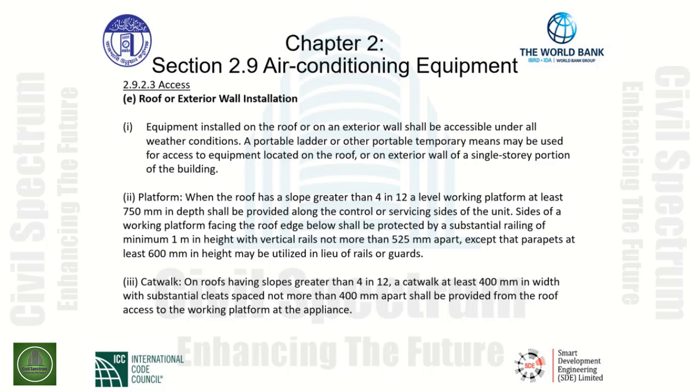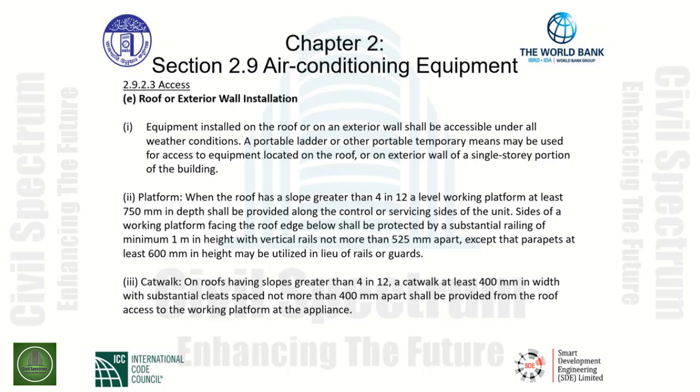Item E2, platform. When the roof has a slope greater than 4 in 12, a level working platform at least 750 millimeters in depth shall be provided along the control or service sides of the unit.